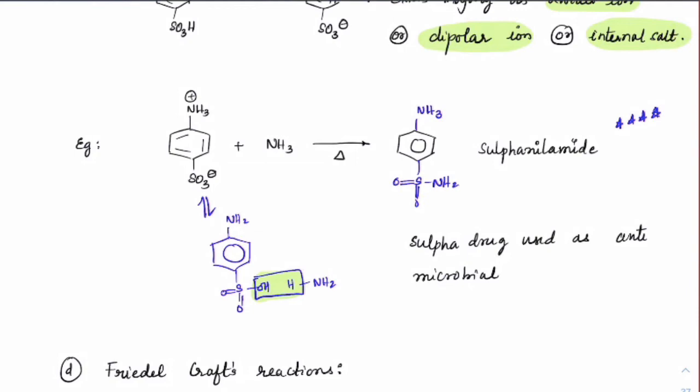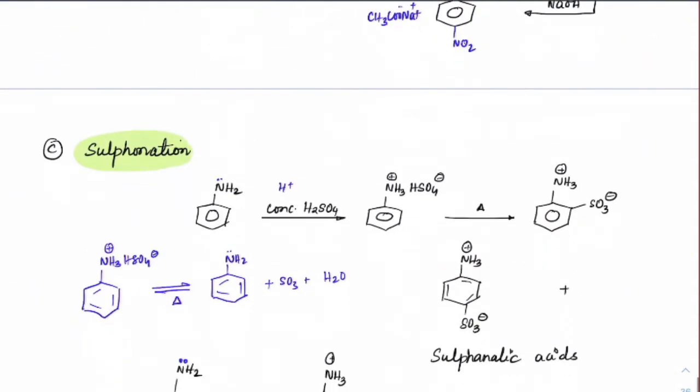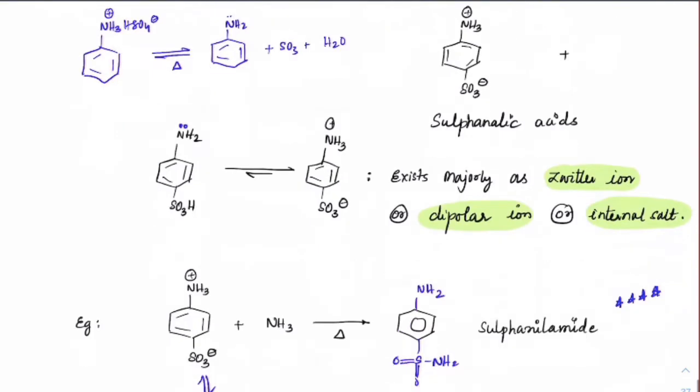So for sulfa drugs, you find out first this NH2, and find this sulfonamide connected with this aniline. They will be used as sulfa drugs. I hope you understood what nitration and sulfonation are in anilines.